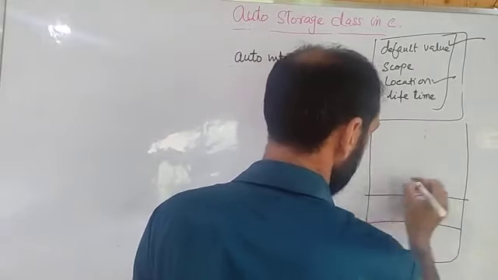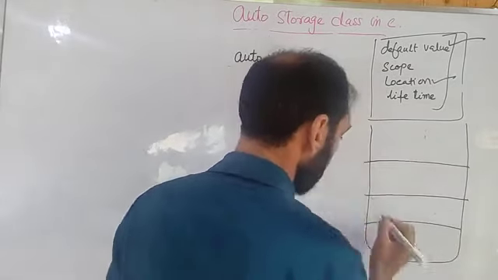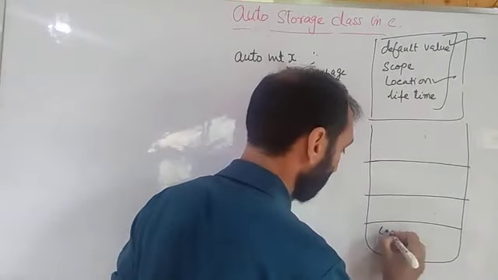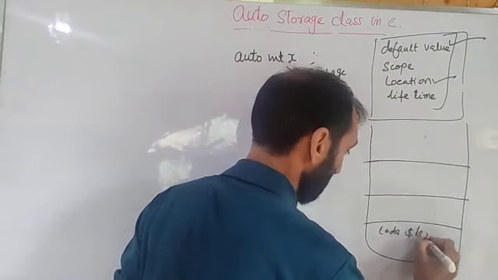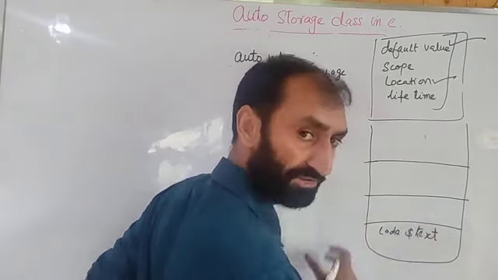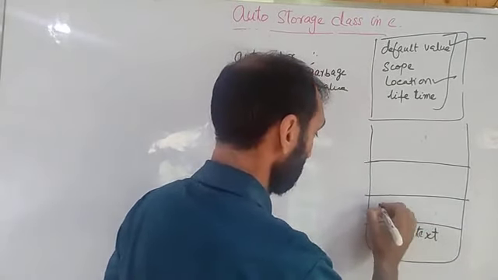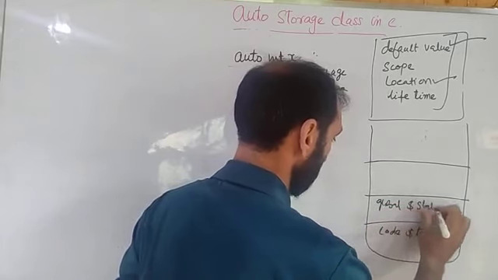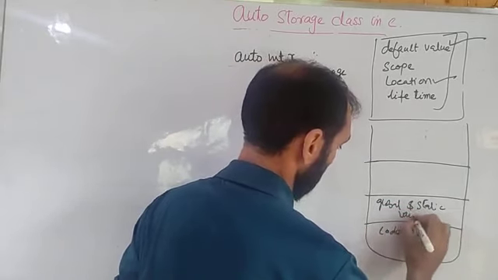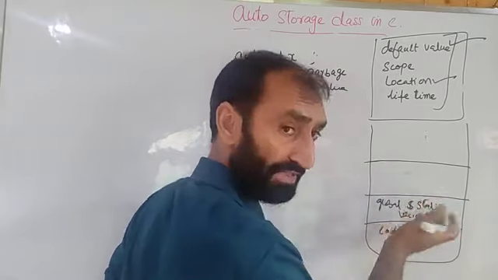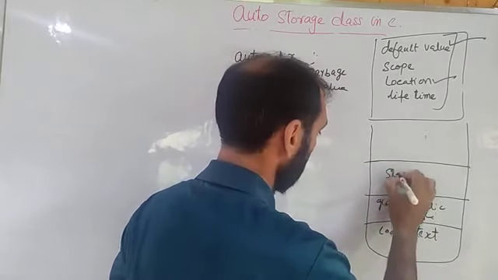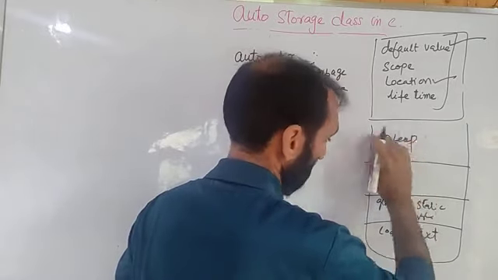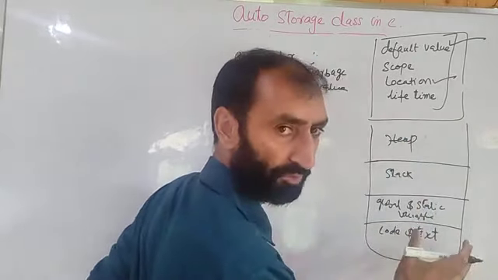Some memory is for the code and text that we write, some memory is for the global and static variables, and some memory is for the stack and some for heap. This is the layout of the memory for a program.